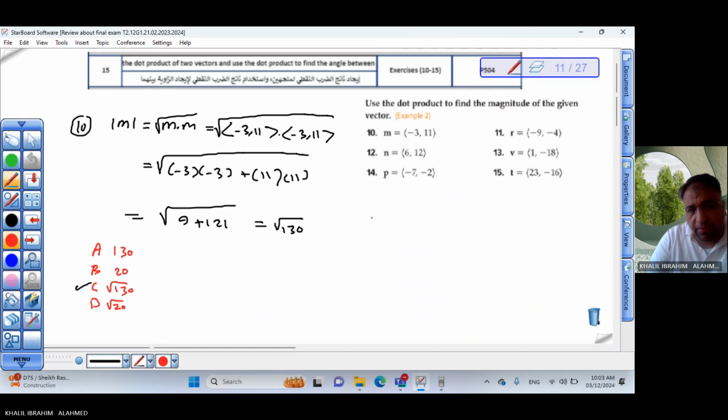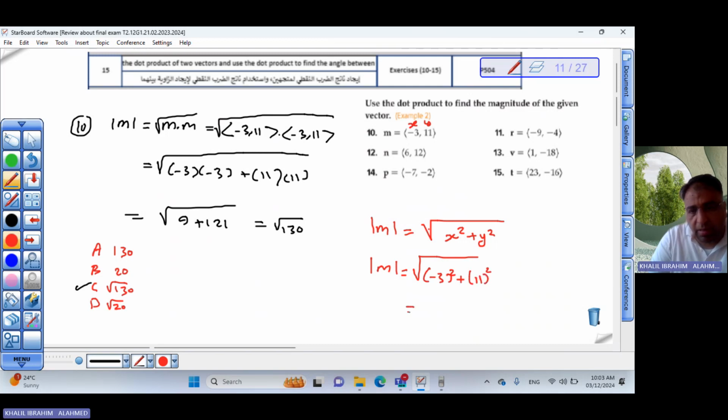I think the magnitude formula equals radical x squared plus y squared. This is x and this is y. It is easy now to solve this. Now magnitude maybe in this way, equals radical negative 3 squared plus 11 squared. The answer radical 130. It's easy. Okay.